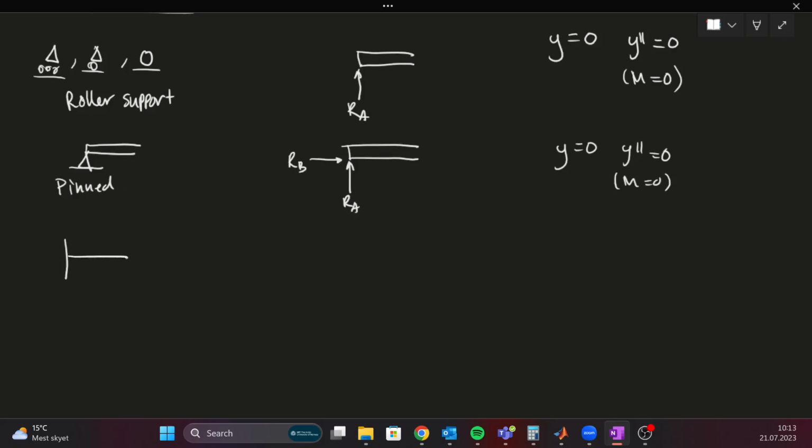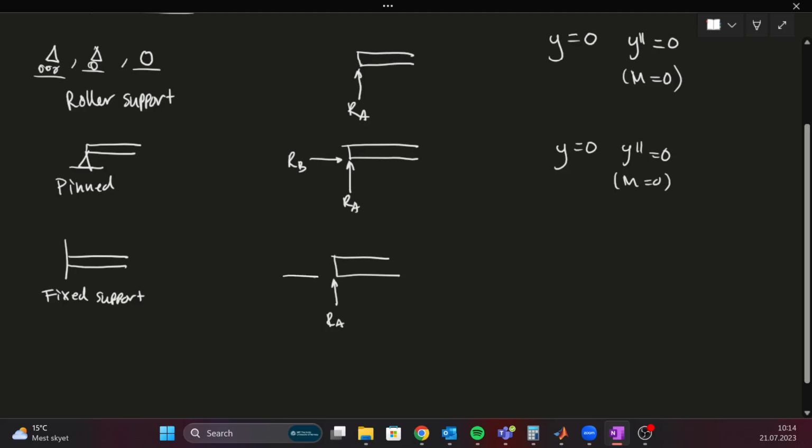And if we have a cantilever beam, it's called a fixed support. And the reaction forces for this case are RA, RB, and we also have a moment.